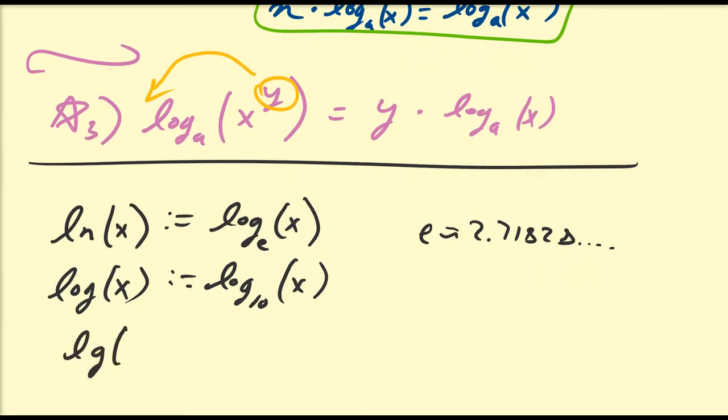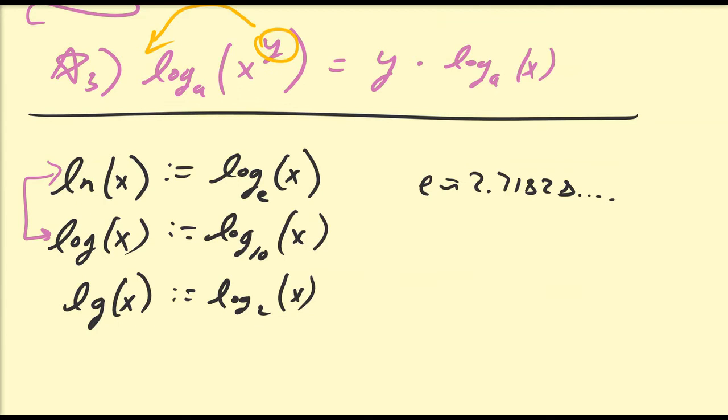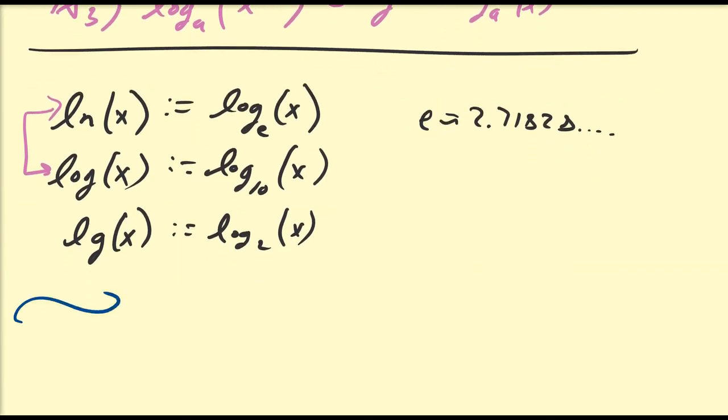Sometimes you may see lg of x, which some people refer to as the log base 2 of x, or the binary logarithm. You may see these two notations flipped around in some context or literature, so make sure they're talking about the right log with the right base for whatever purpose that you plan to deal with.